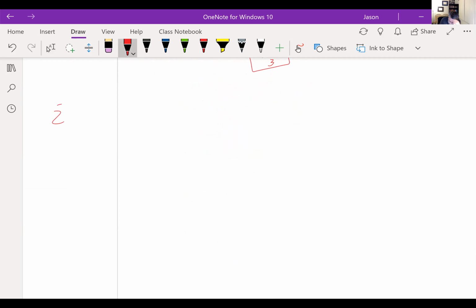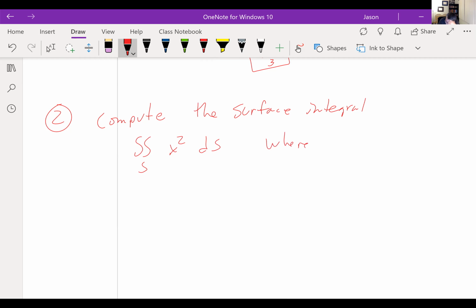Okay, number 2. Let's compute the surface integral over S of x squared dS, where, oh, this is going to be fun, where S is the unit sphere.